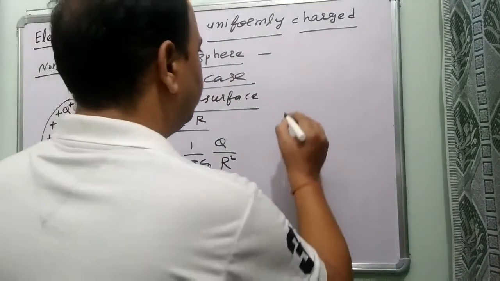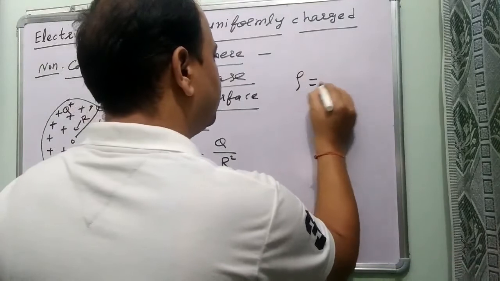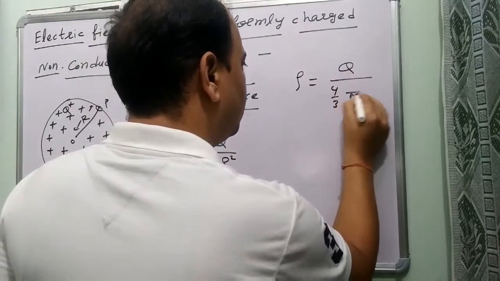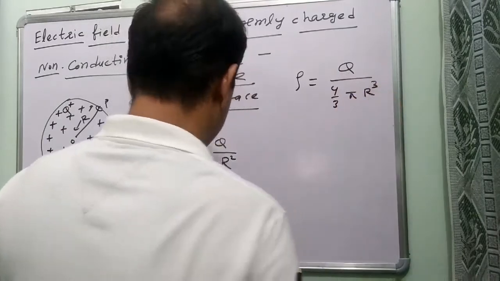Now in the form of volume charge density. What is volume charge density? Q upon 4 by 3 pi R cube.